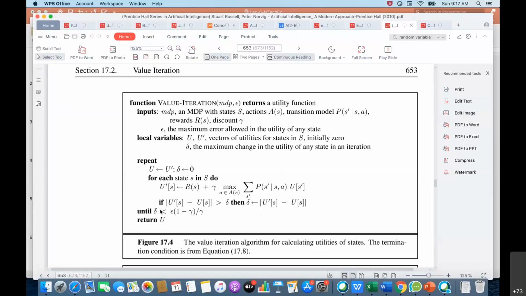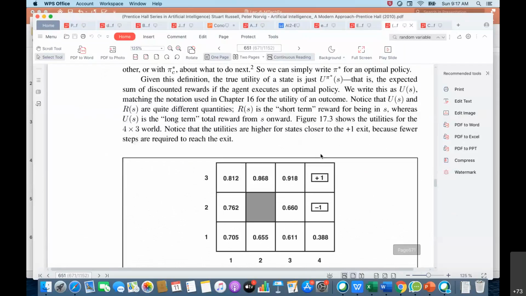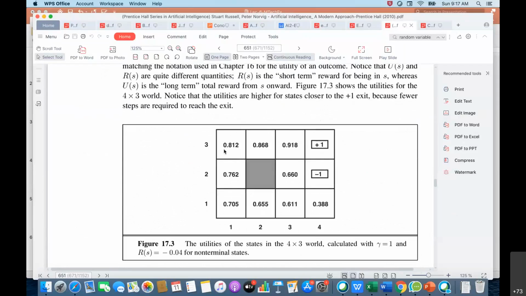And once there is very little change in that delta value, then we return u. So this is how you compute the value of the utility. This is the algorithm with which you can compute the utility. If you wish, you can implement it and test it with the values given in the block. Here your discount factor is 1.